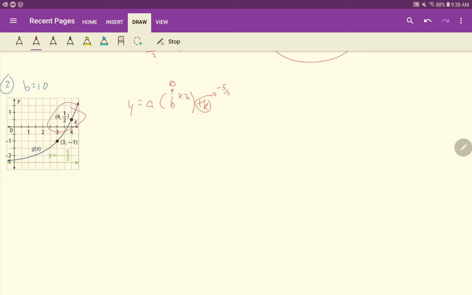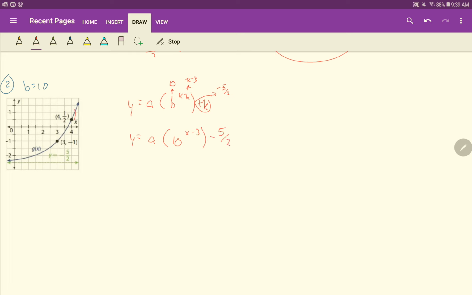Again, you could use this one, and you'll result in a slightly different but still equivalent function. But again, just for consistency's sake, I'm going to use the left point. So that means we're shifting right 3, so minus 3. So we're going to have y equals a times 10 to the x minus 3 minus 5/2.